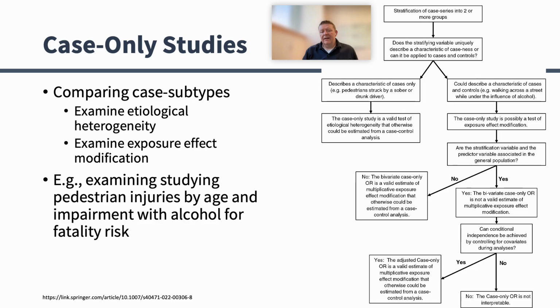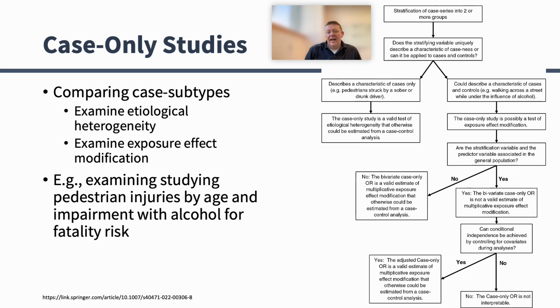And then finally, there are case-only studies where we're comparing case subtypes to look at some sort of cause of disease heterogeneity. And so we might be trying to examine some exposure effect modification. Like, say, in the United States, there's the Fatality Analysis Reporting System that's been used for hundreds, if not thousands, of different road traffic safety studies over the past 5 decades.